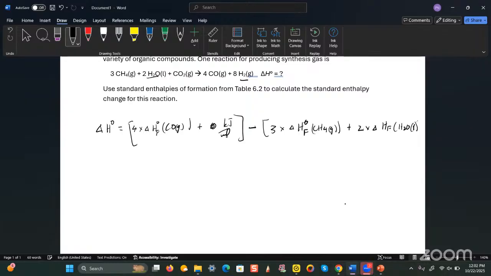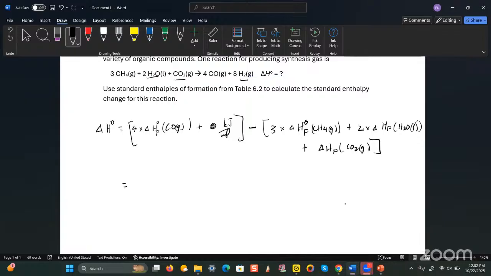And then I'm going to add to that the enthalpy of formation of carbon dioxide. There's only one, so I don't need to multiply that by anything. CO2 gas. So that's basically the equation you're going to use, and you're just going to plug in the numbers for the different substances, which is what I need your help for.